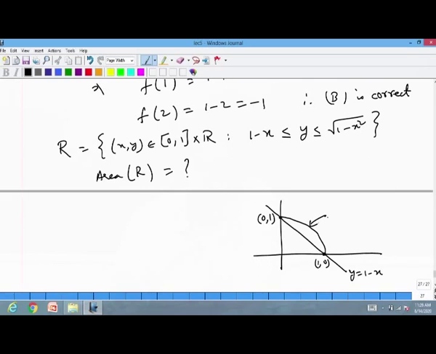This is y equal to square root of 1 minus x square, means x square plus y square equal to 1. So, this is the circular arc of radius 1. Now, this region is bounded from above by the curve y equal to square root of 1 minus x square and from below by 1 minus x. So, the region is this region.